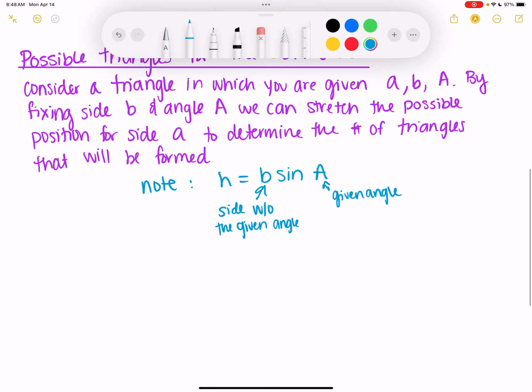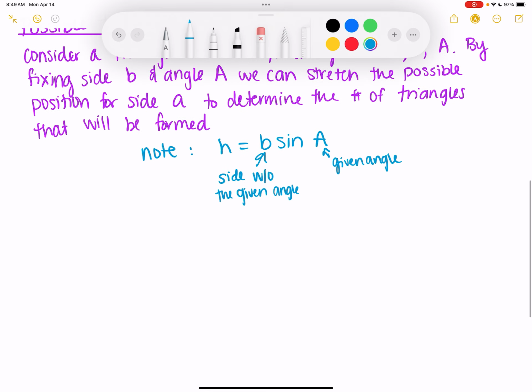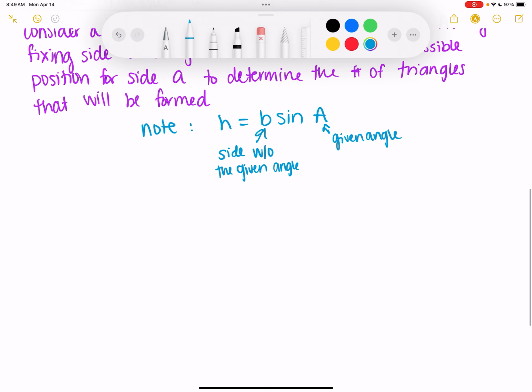So anyways, now we're going to do a little table. Basically, we're going to have three things going across, but the left side of the table is just going to have one, and then the right side's going to have two. So we're going to have a situation where A is obtuse, so whatever our angle is obtuse.